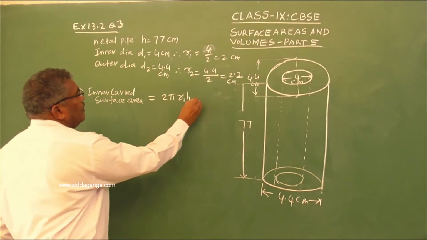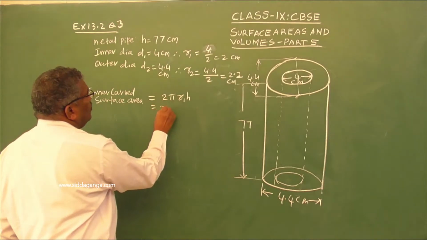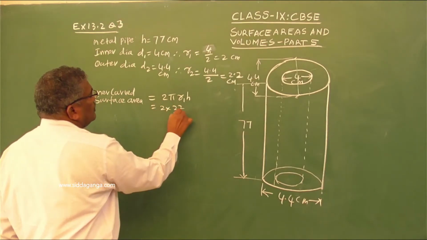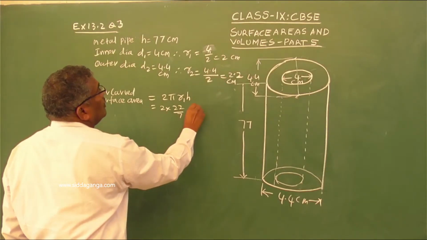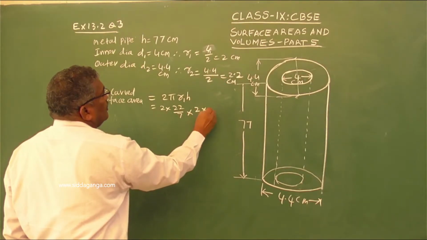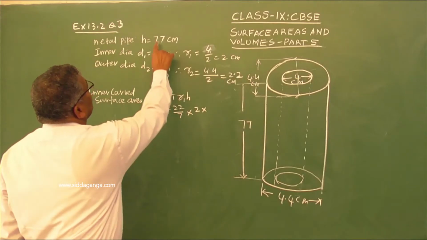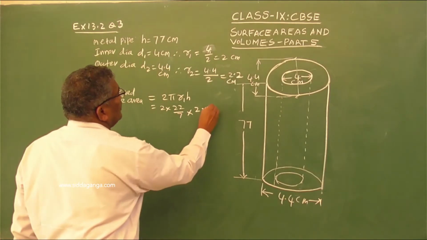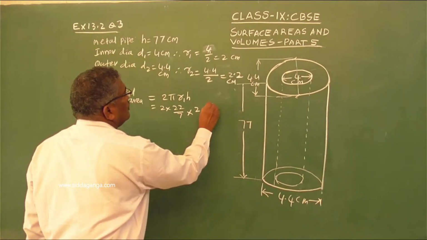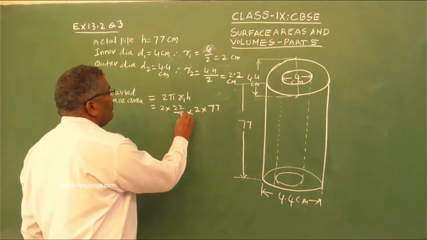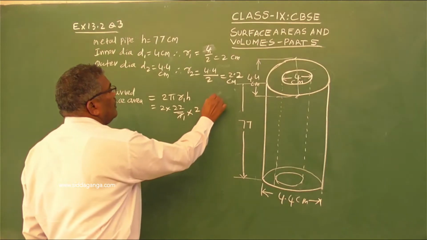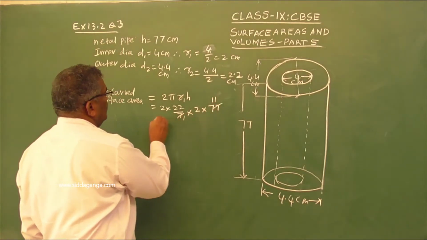So this equals 2 into 22 by 7 into R1 is 2 centimeter into H is 77 centimeter. So 7 ones are 7, 11s are... you will get cancel.